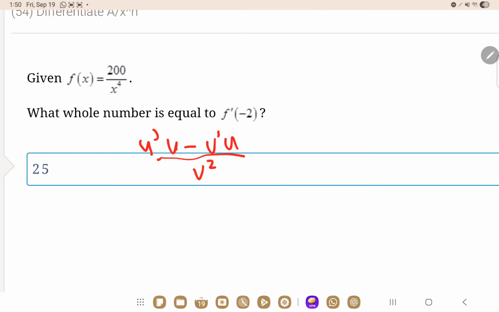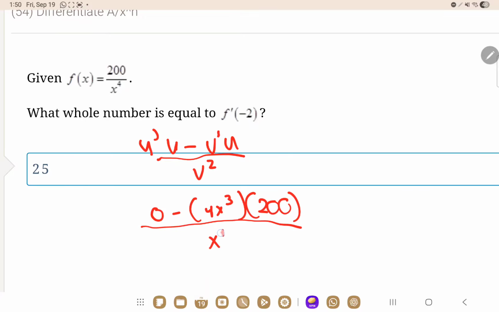Any constant prime, or the derivative of any constant, is 0. 0 times anything is 0. So 0 minus v prime, which is x to the power of 4 prime, which is 4x to the power of 3, times u, which is 200, all over x power 4 squared, which is just x to the power of 8.